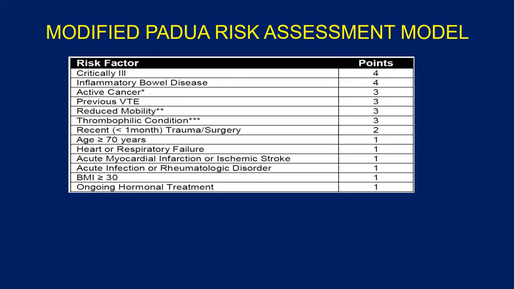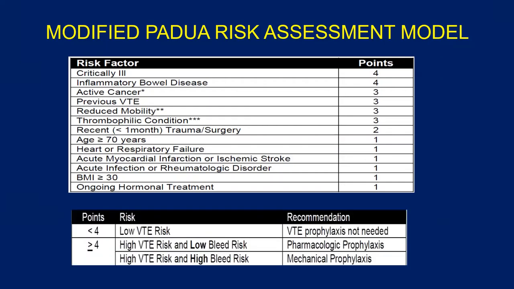You have a point system there on your right-hand side. If a patient's critically ill, they get 4 points, all the way down to if they have a BMI of greater than 30, they get 1 point, and so forth. You can read that as well as I can say it out loud to you, so I'll let you read it yourself.